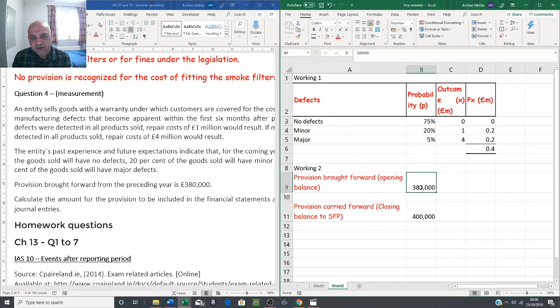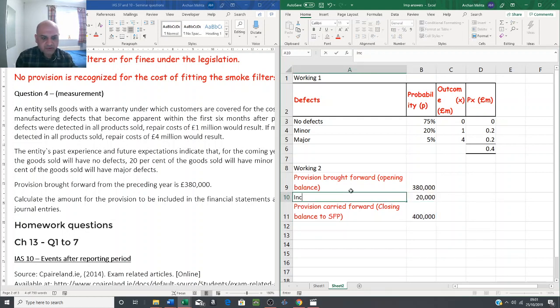Opening was 380, closing is 400, so our provision went up by 20,000. We call it increase in provision, or warranty provision.